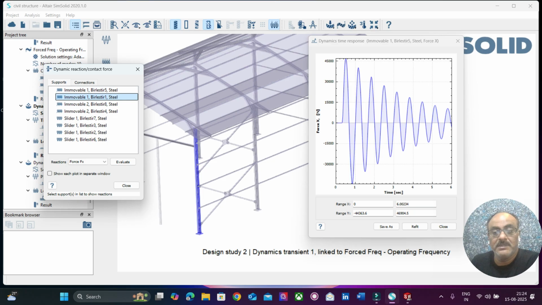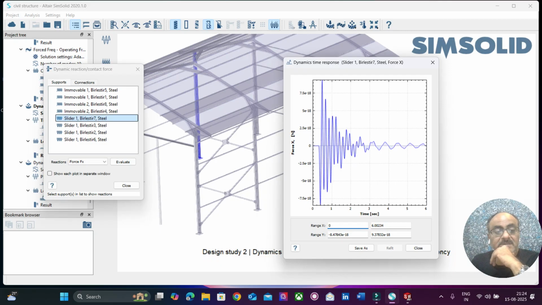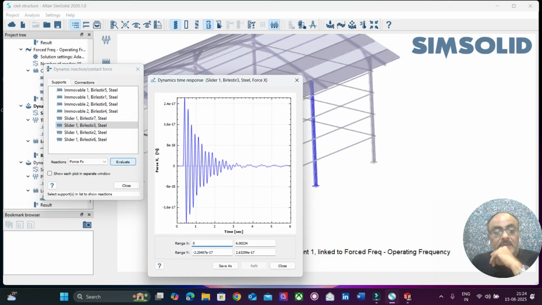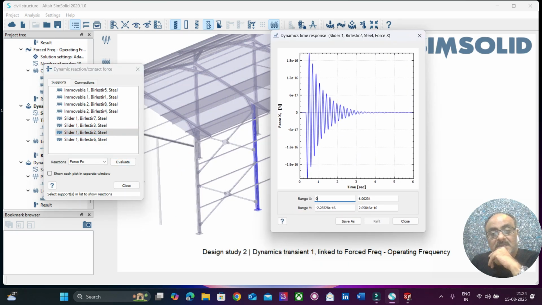So this is for this member, and for the end members. End members are all made immovable, and this is how the in-between members are going to act. So that's the force versus time. We can see that the force is going to dampen down completely with respect to time.